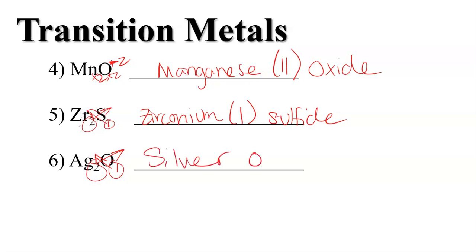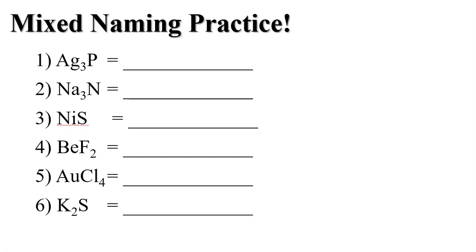So all we're going to write is silver oxide, because it will always have a charge of +1. Okay? Now let's do some more. Okay, so we have silver. We have phosphorus. So silver phosphide. Silver is one of your exception metals, so we're not going to write in that one.